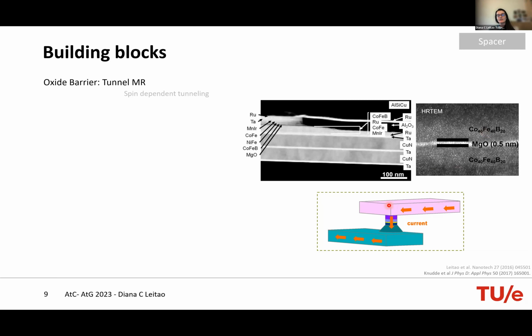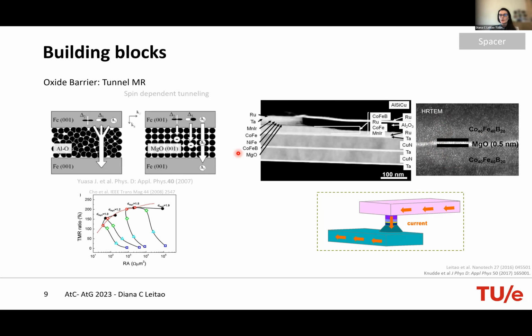And in this case, the current now flows perpendicular to plane so that electrons can tunnel through the barrier and experience spin-dependent tunneling. If you want to know more about this and the mechanisms of this phenomenon, you should definitely take a look at also very seminal works by Yuasa, where coherent and incoherent tunneling is discussed, disordered barriers, and also how we can use them nowadays, even still to develop new applications and new uses for these devices.